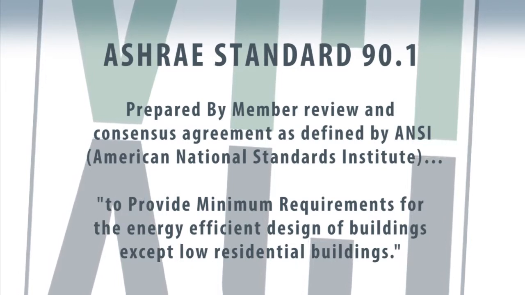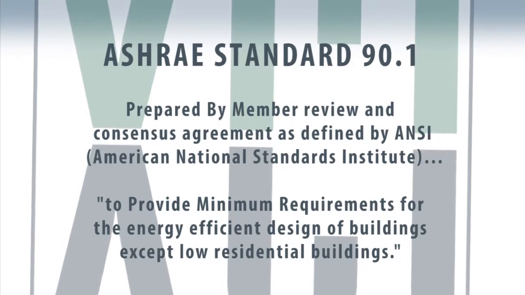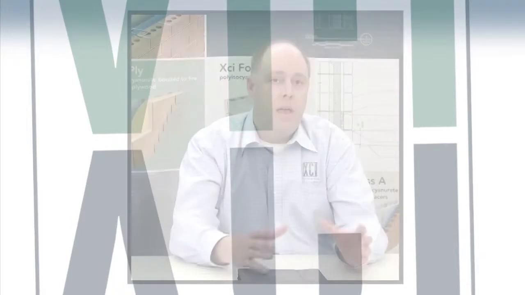And they create uniform standards agreed upon by experts across the country as to this is the best way to create energy efficiency in buildings. That ASHRAE 90.1 standard is then used, and it's actually referenced in law by National Energy Policy Acts as the minimum standard to which all states must conform.